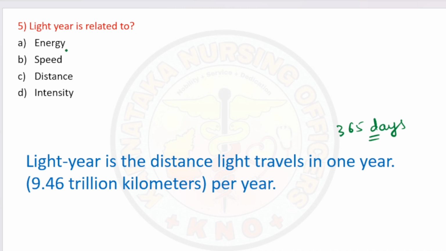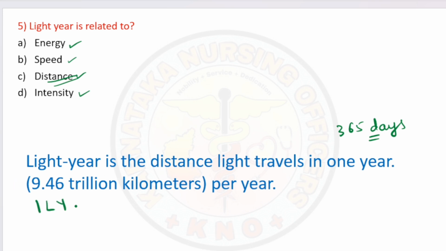So light year is related to option A energy, option B speed, option C distance, and option D intensity. The correct answer is option C, distance. Light year is related to distance.